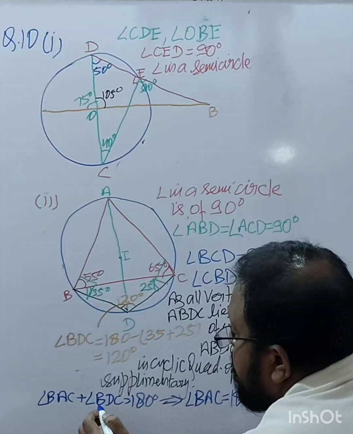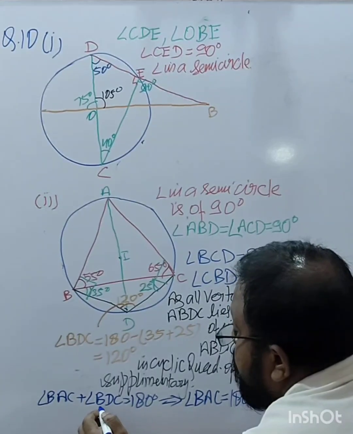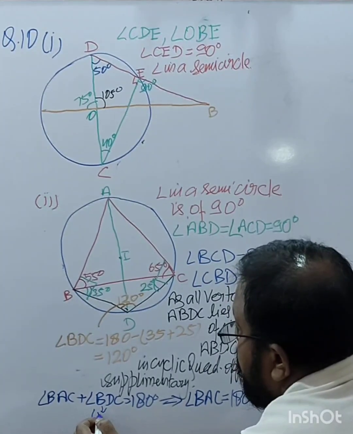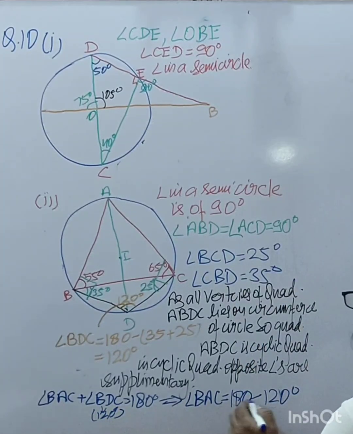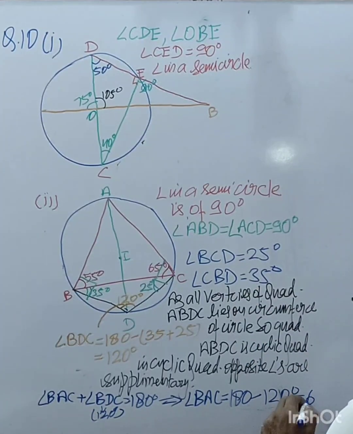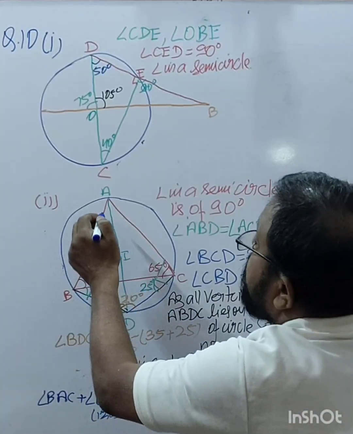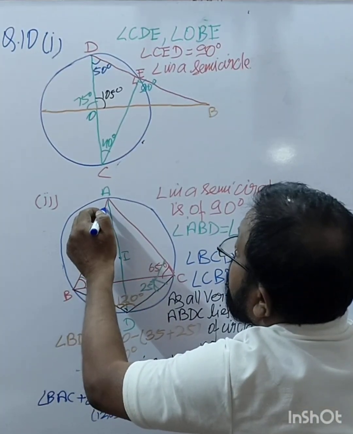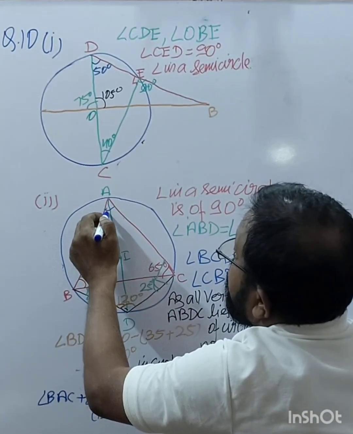Angle BDC has a value of 120 degree, right? So we put it here, it becomes 60 degree. So this angle is of 60 degree.